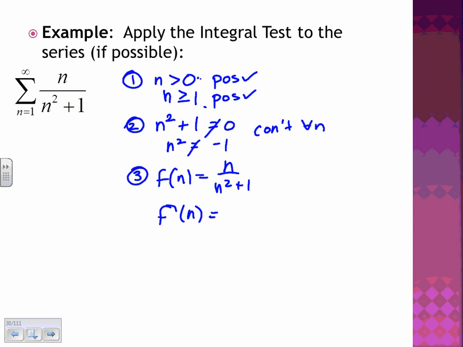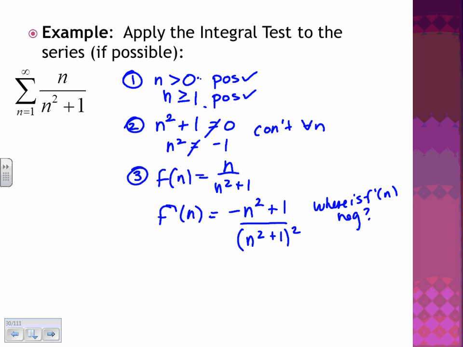I already have it done. So where is this negative? That's what you're looking for, because that would mean that f of n is decreasing.